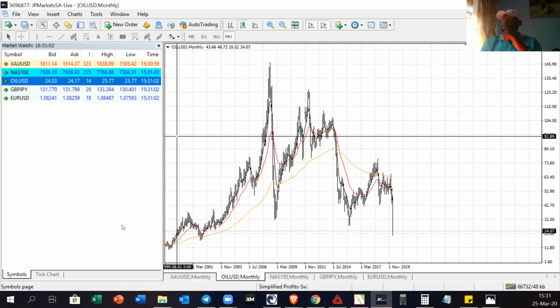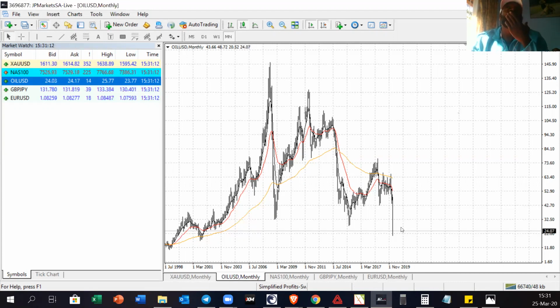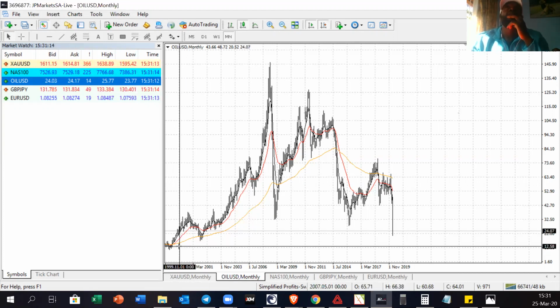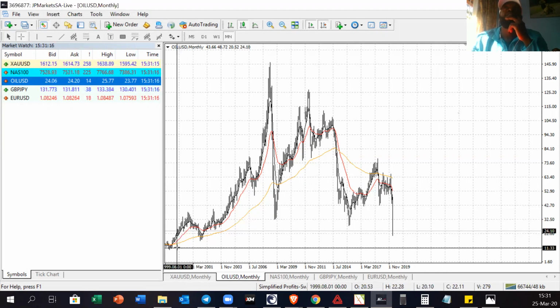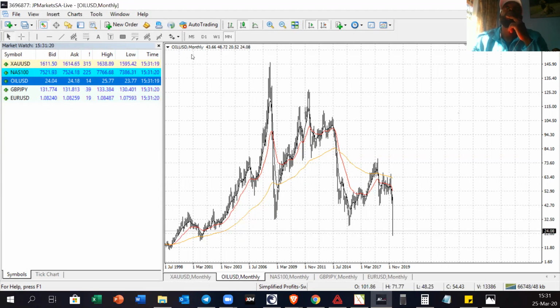All right. 1999 was the lowest, with $11 a barrel. Sweet. So here's the high over here, 145. And here's the low over here, $11.